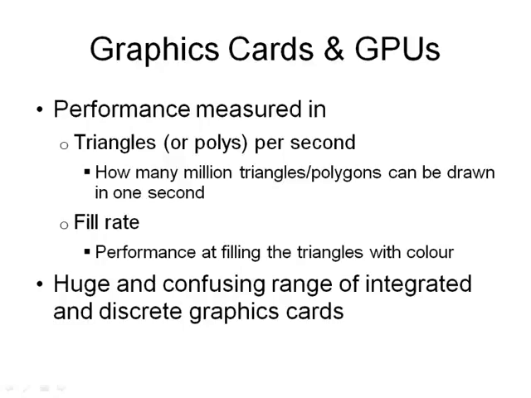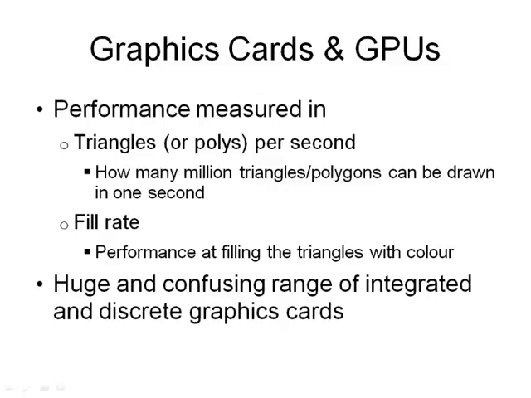Graphics cards and GPUs normally have their performance measured in one of a number of ways. Sometimes you might see triangles per second: how many million triangles or polygons can be drawn in 1 second. Or a fill rate is sometimes used, the performance of actually taking those triangles and filling them with colour or applying textures to them.